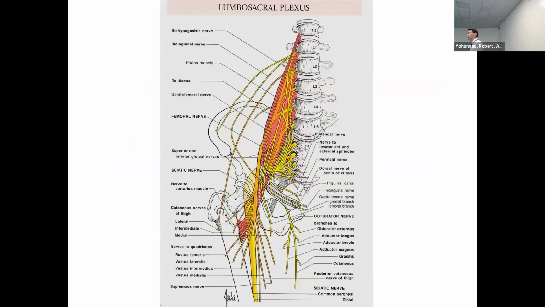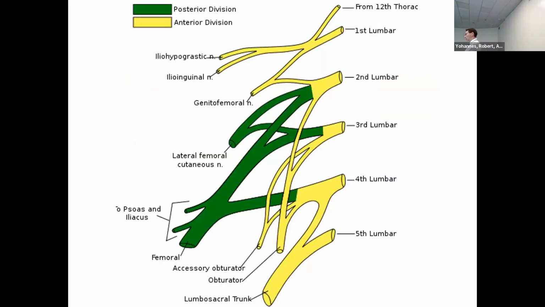Now the plexus, and I know this looks like a bunch of spaghetti here, but as I said, we're going to simplify it to 10 movements, okay? And so we're talking about the lumbosacral plexus. So we're talking about roots that come from the lumbar and the sacral spaces, which combine together to become the lumbosacral plexus.